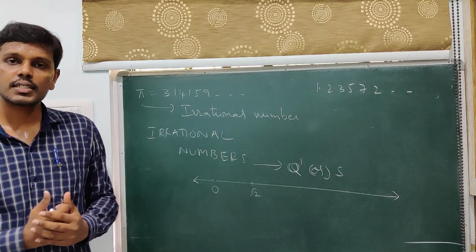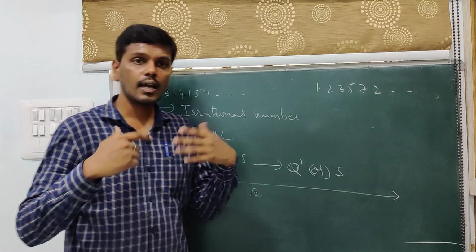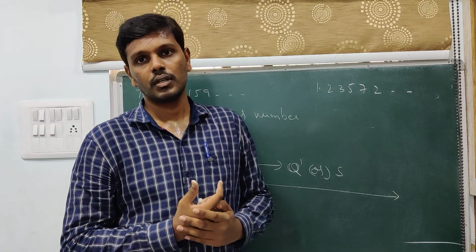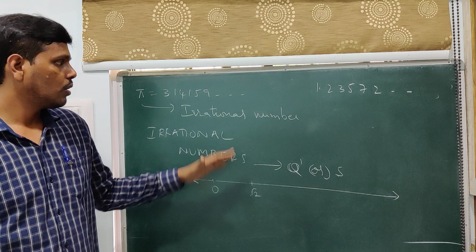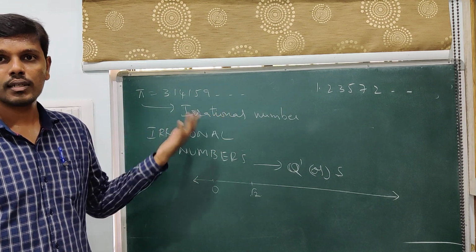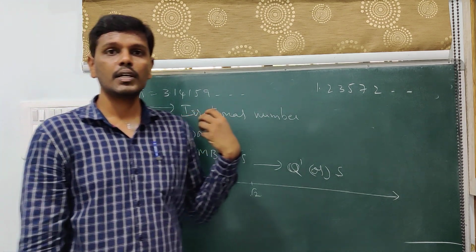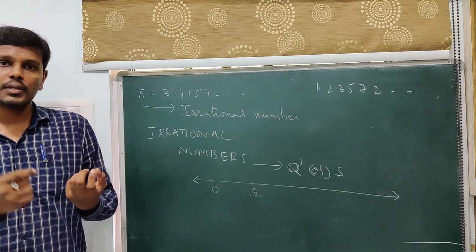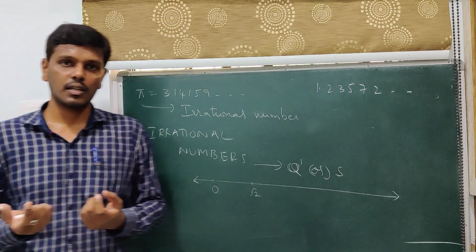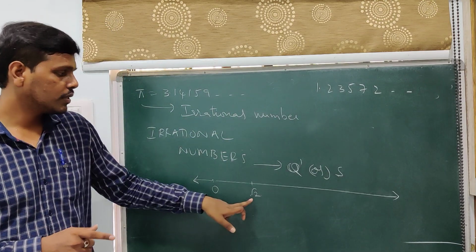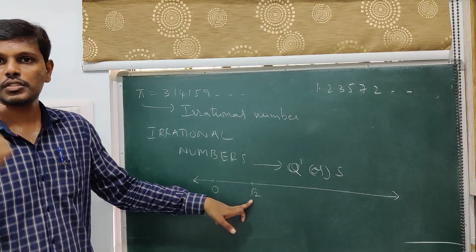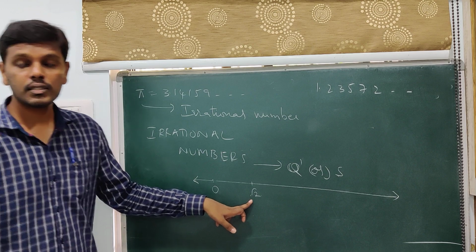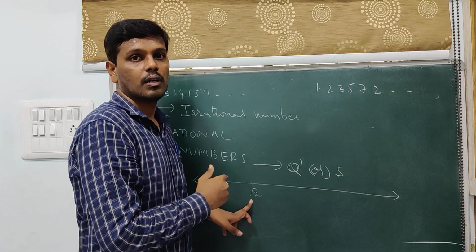And today what we have discussed is that there are numbers other than rational numbers, and we went through this using a number line. By the number line we are able to identify some points which can be assigned to numbers other than rational numbers. One such case in point is root 2. Root 2 is not a rational number, but it is assigned to a point on the number line.